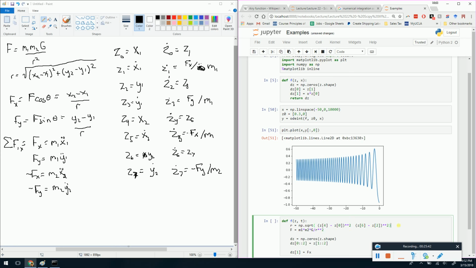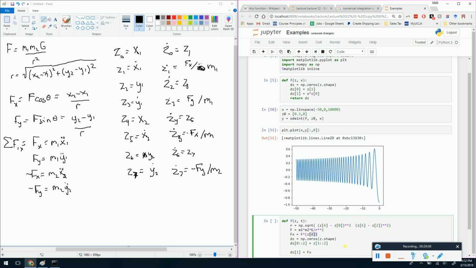That's r, and so that gives us f, and fx is equal to f times x2 minus x1 over r. So times z4.